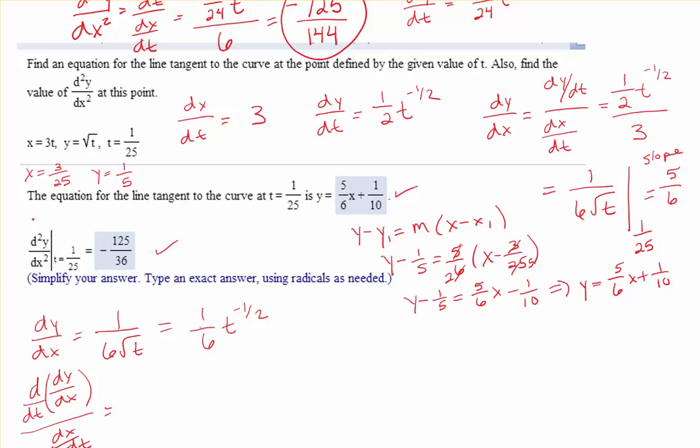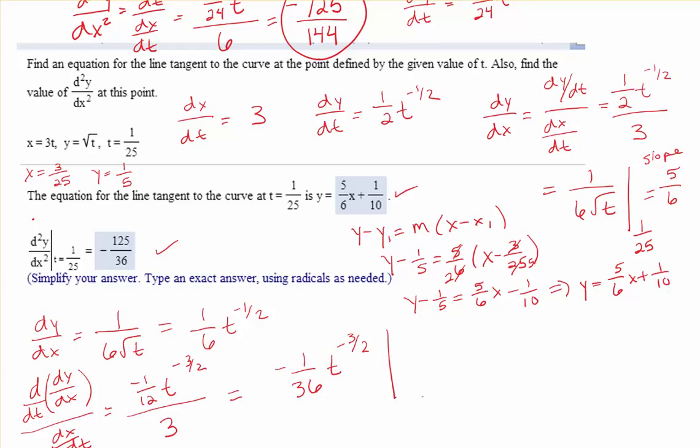So that's going to be negative 1/12 t to the negative 1/2 minus 1. So that's going to be negative 3/2. And you're going to divide that by dx/dt, which was 3. So this is negative 1/36 t to the negative 3/2.